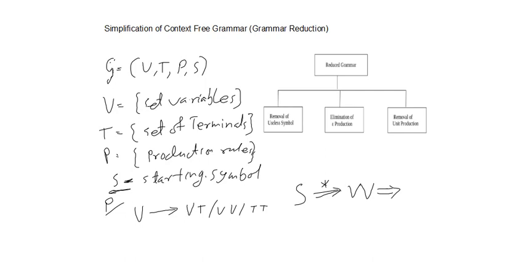Let us call the terminal symbol t, small t. From the non-terminal W, we follow a sequence of derivations to get the terminal symbol t.